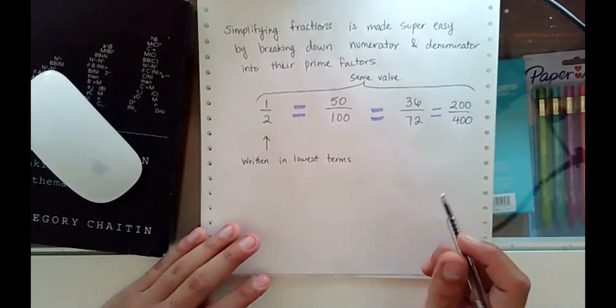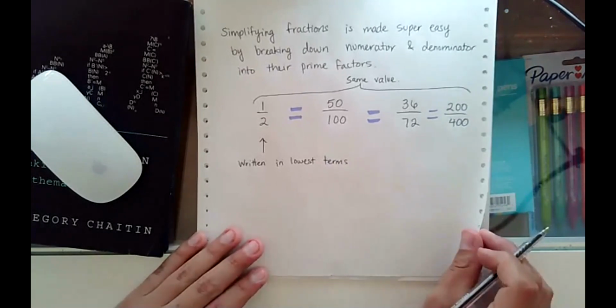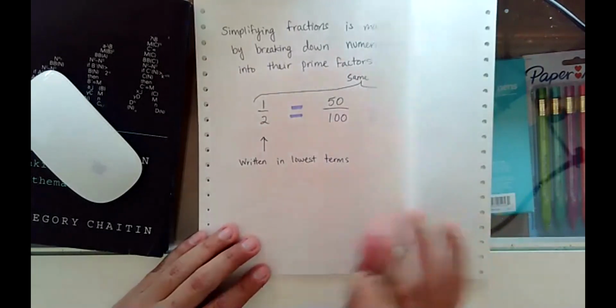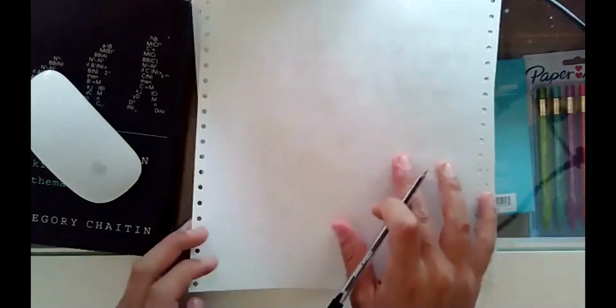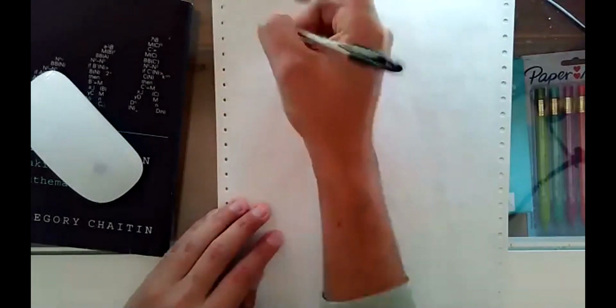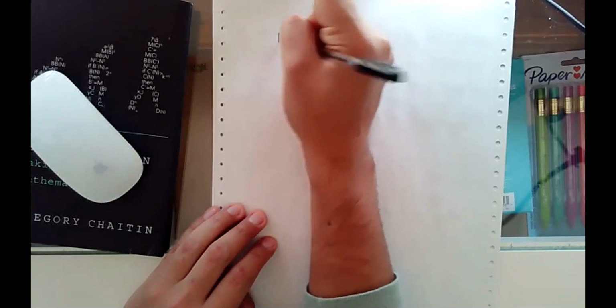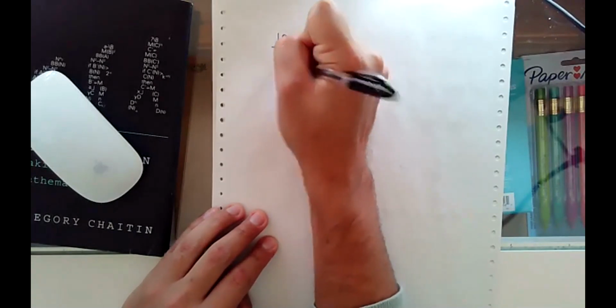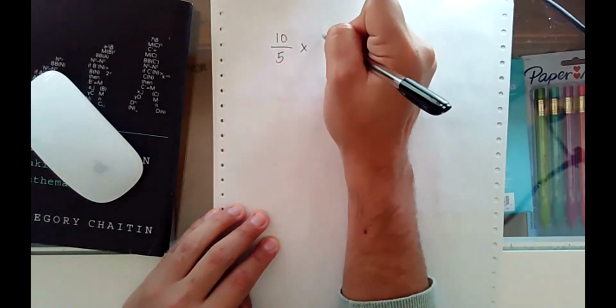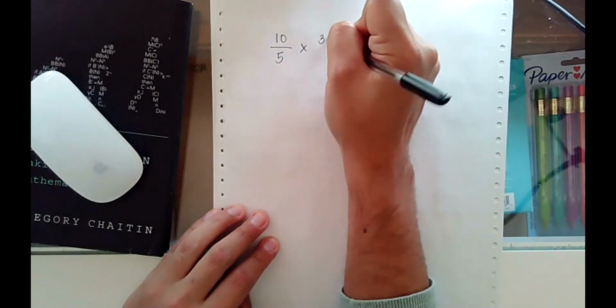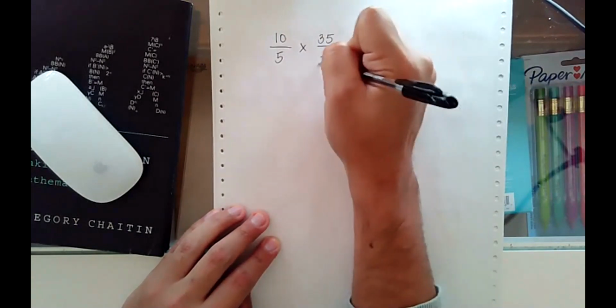Okay, so let me think about a problem. Let's do some multiplication. What if I said, let's multiply 10 over 5 times 35 over 20.